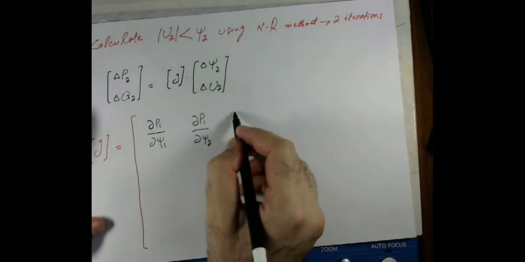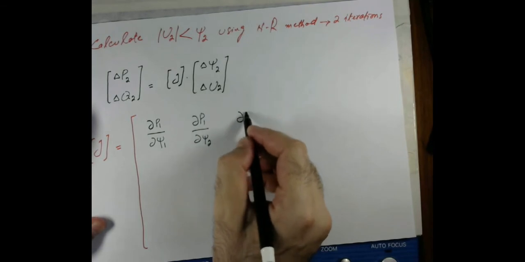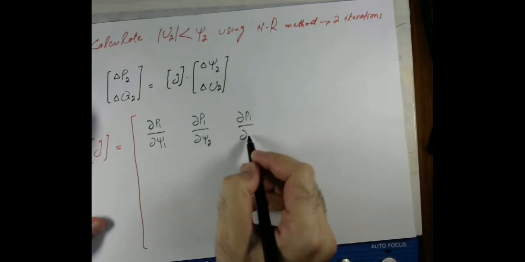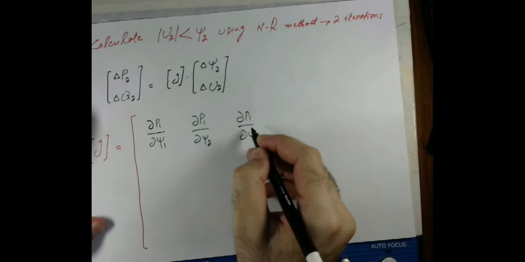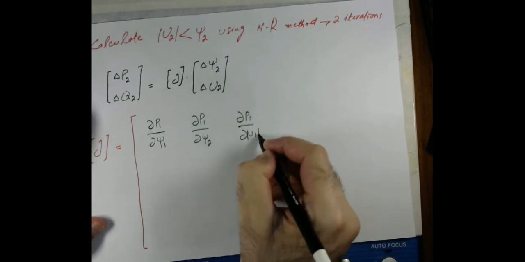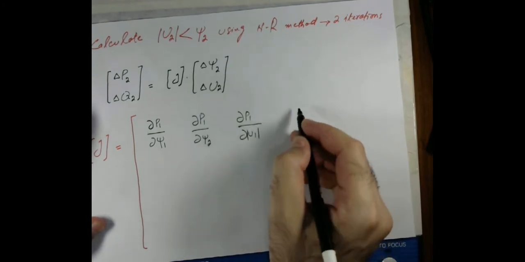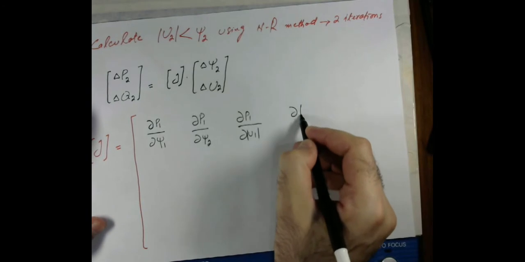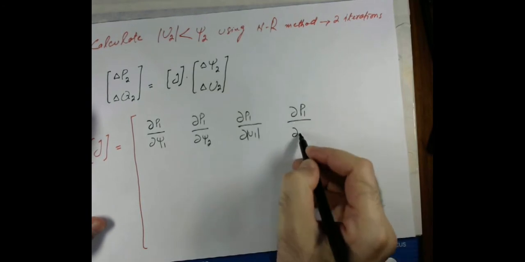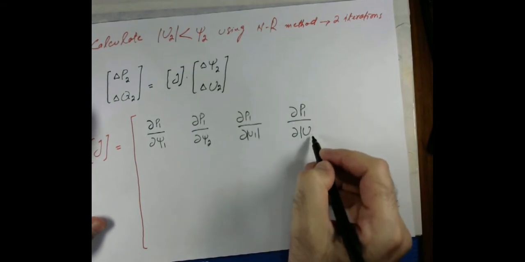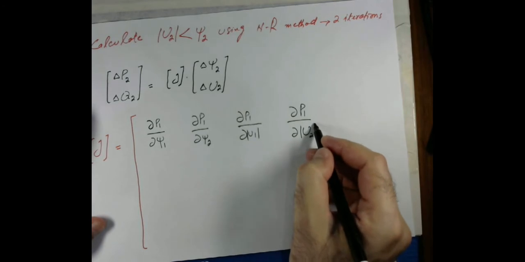Similarly, we take the derivative of the power P1 with respect to the voltage magnitude U1 and the derivative of P1 with respect to the voltage magnitude at bus number 2.